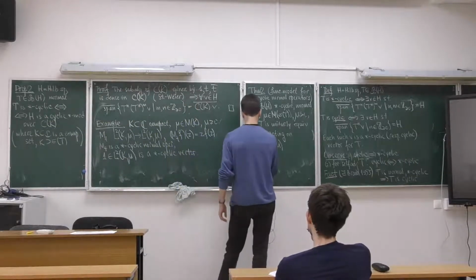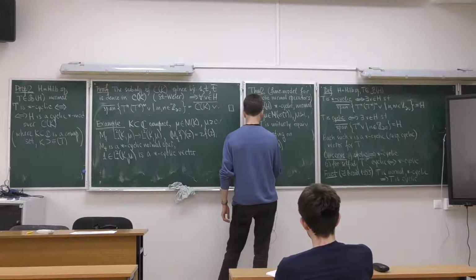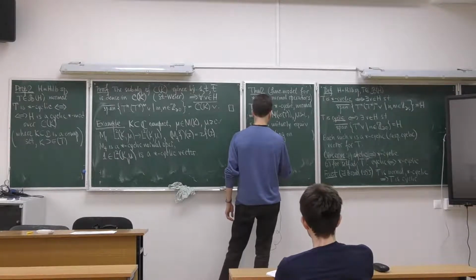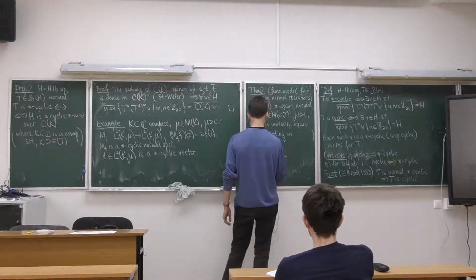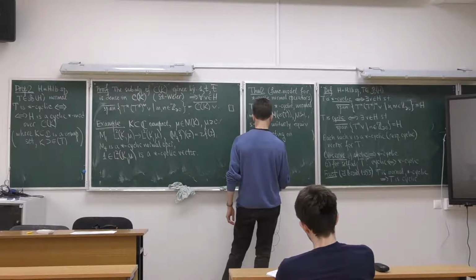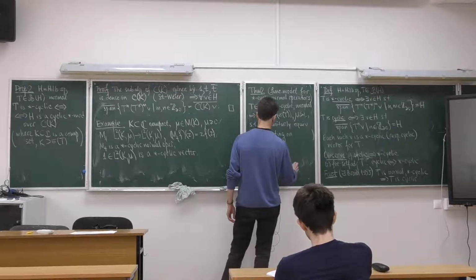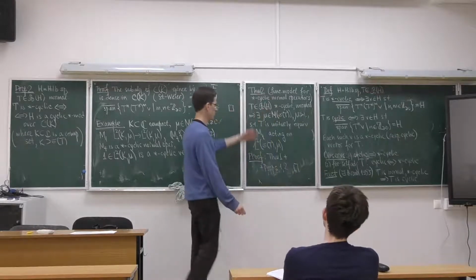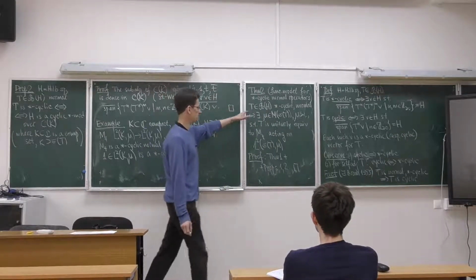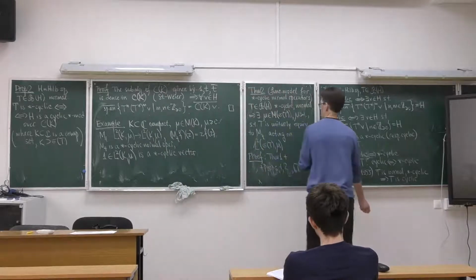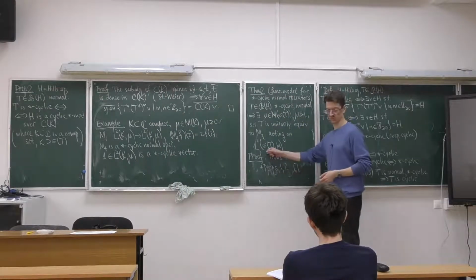And the proof is just a combination of theorem 1 and propositions 1 and 2. Well, indeed, H becomes a star module over the algebra of continuous functions on the spectrum.